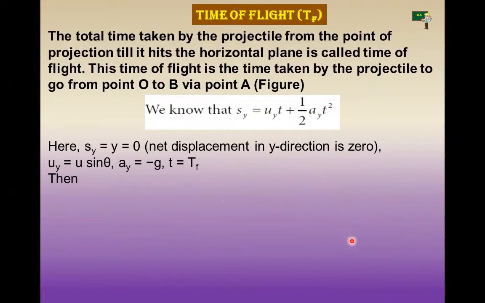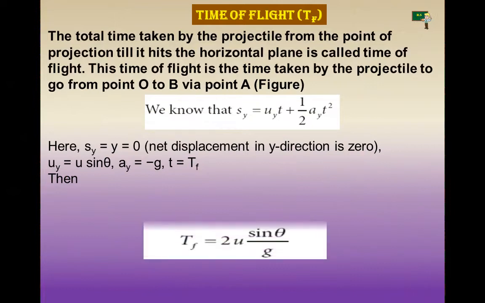At last, it reached the ground. So the height it reached becomes 0. That's why we put Sy or y equals 0. The net displacement in the y direction is 0. Uy equals u sin theta, ay equals minus g and t equals capital T f.